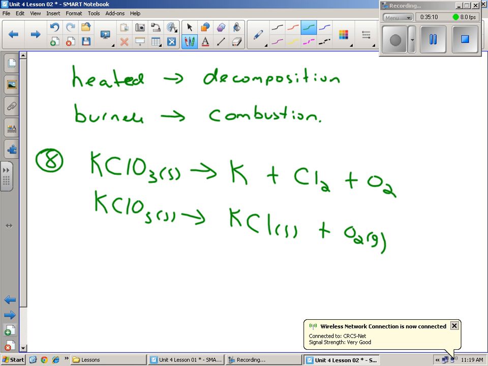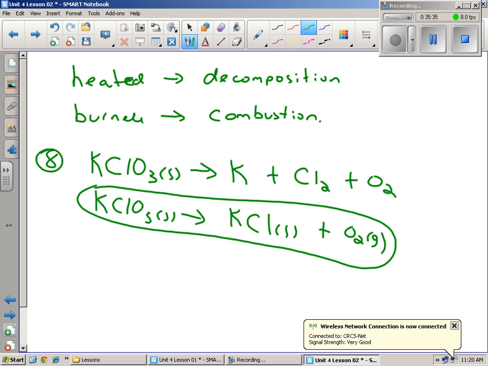But the reason we put these on here is because you have to understand, when you heat stuff up, does it all break apart at the same rate? In other words, do they all have the same melting and boiling points and everything else? No. What's going to happen, if you took potassium chlorate and put it in a pan on a hot plate, is this.